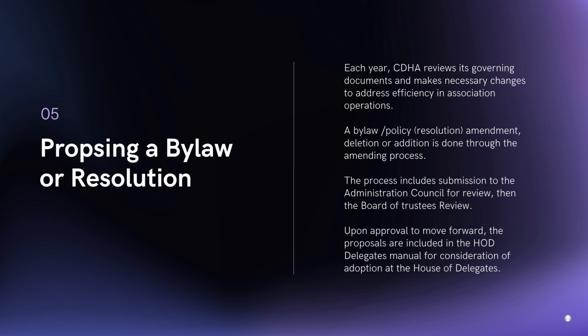Upon approval to move forward to the House of Delegates, all bylaw changes and policy changes will now enter the Delegates Manual for consideration and adoption by the delegates during the second session of the House.